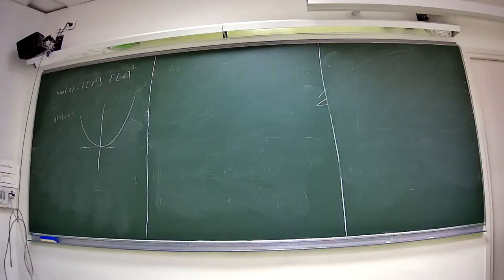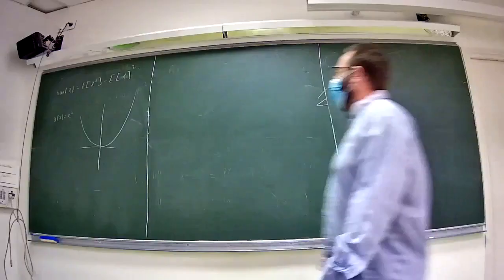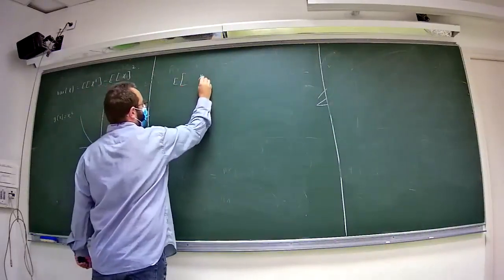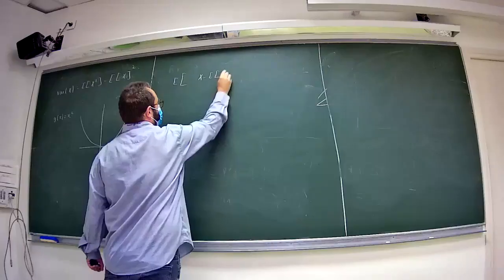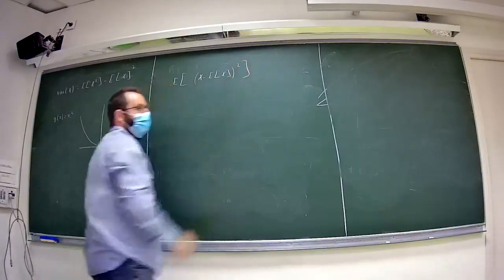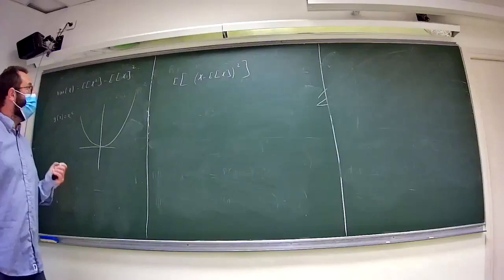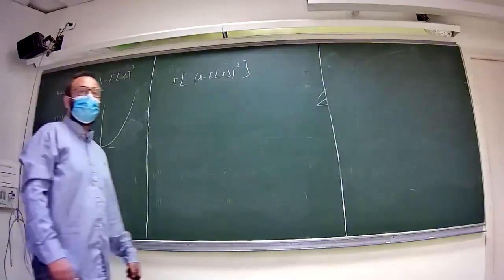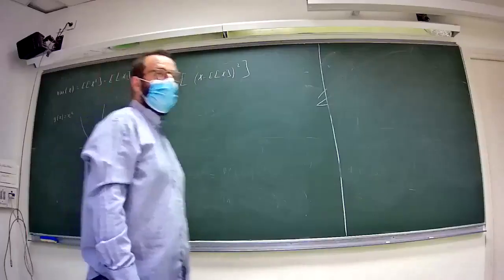So I start from this one. We are going to prove that this one and this one are equal. My aim is to prove that this one is equal to this one. What can I do? You have a square here.